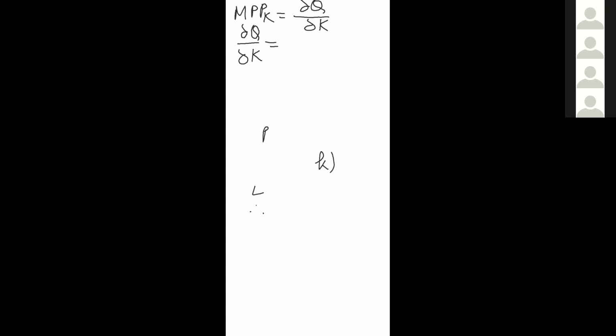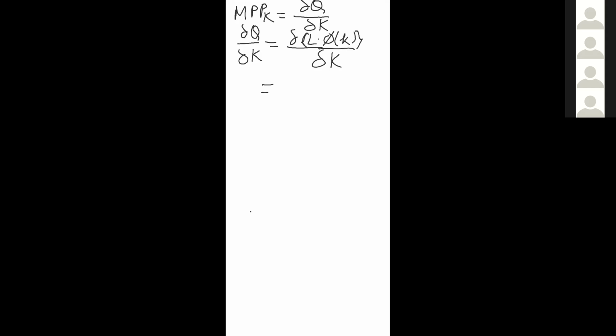So if we put the value of Q here, then that means del L into phi of small k, del phi of small k divided by del k. Is it clear? Students, are you hearing me? Yes, ma'am. Okay.